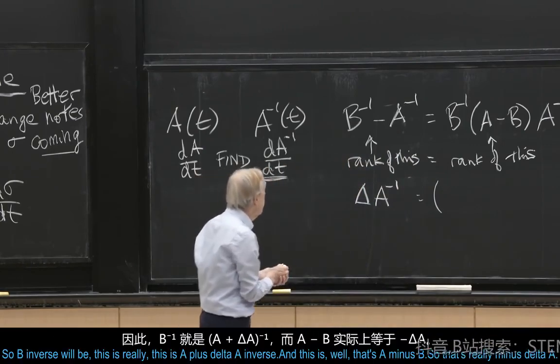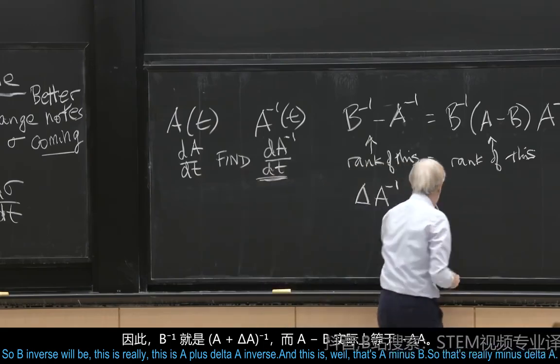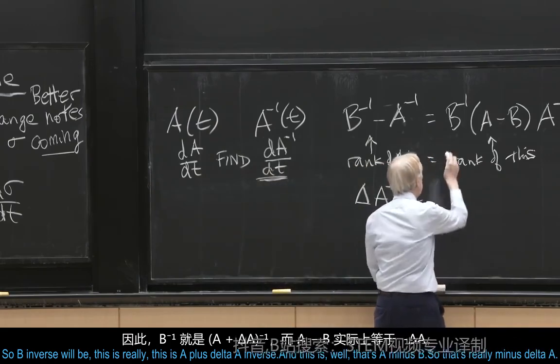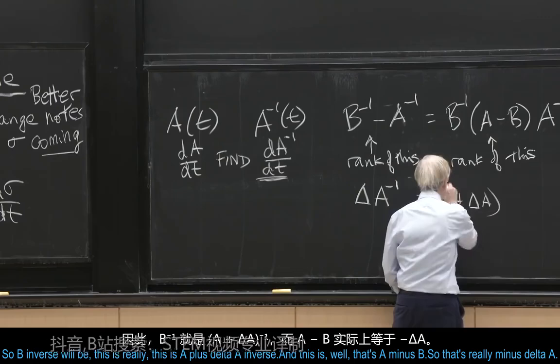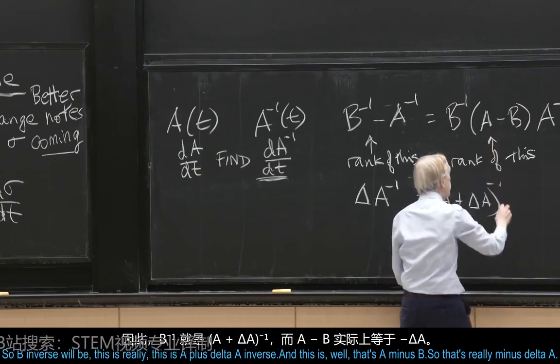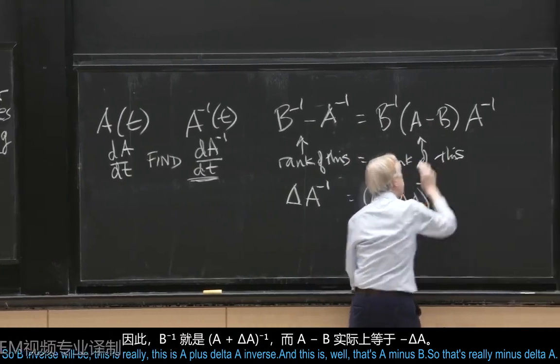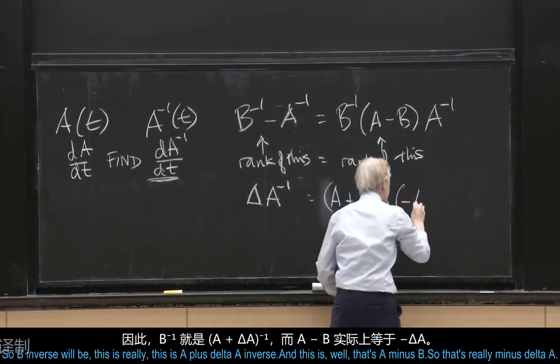Yeah. So B inverse will be A plus delta A inverse. And this is, well, that's A minus B, so that's really minus delta A.